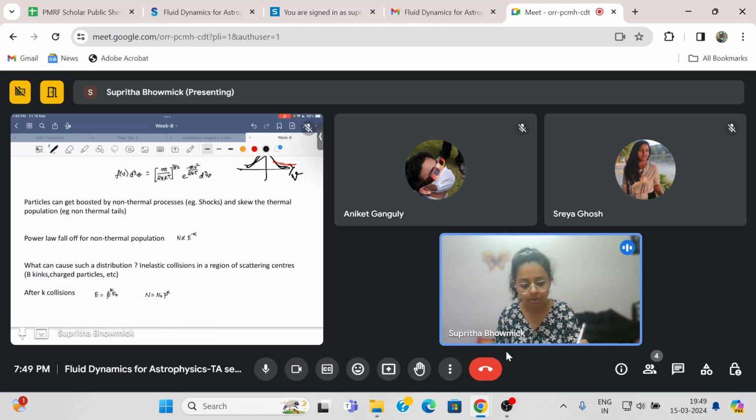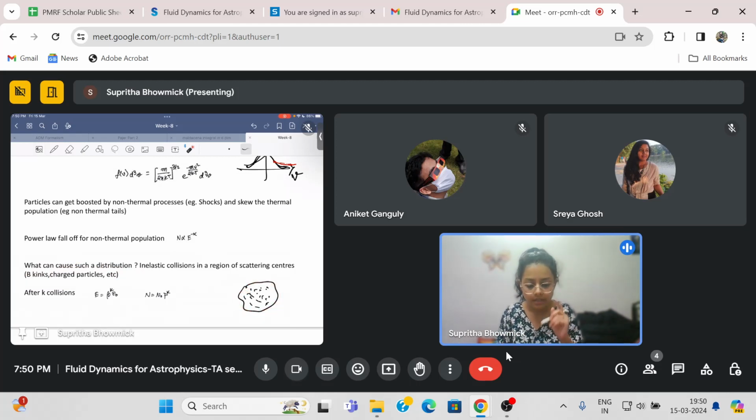So let's say you have a certain region full of scattering centers, and let's say either the density of the scattering centers falls off when you move out of this boundary, or they're simply not present outside this boundary. Okay, so these dots all represent scattering centers. We are not very concerned about the exact nature of these scattering centers. Some examples were given. For example, a kink in the magnetic field line, or other charged particles. If a test particle moves in a region filled with these, then it will get scattered in this region.